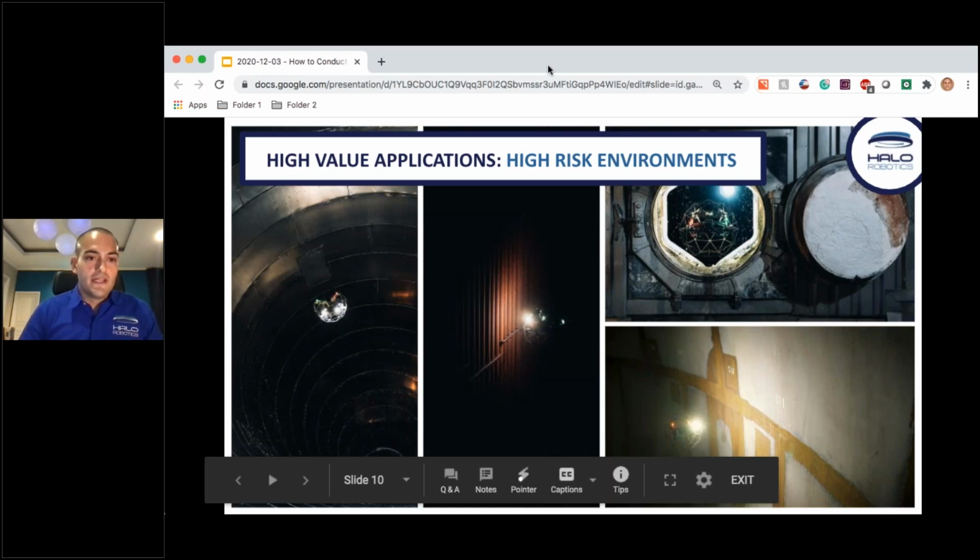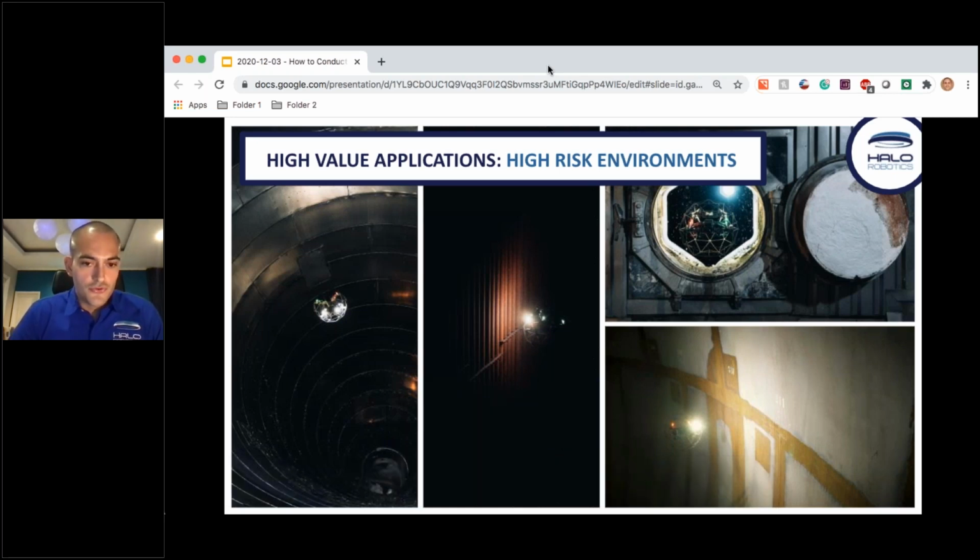And that is definitely very true when it comes to high risk environments. Here we've just got a couple of examples. The classics are in oil and gas, in mining, and heavy industries, where you can see a couple of examples that were provided by Flyability: chimneys, boiler tanks, gas pressure vessels.